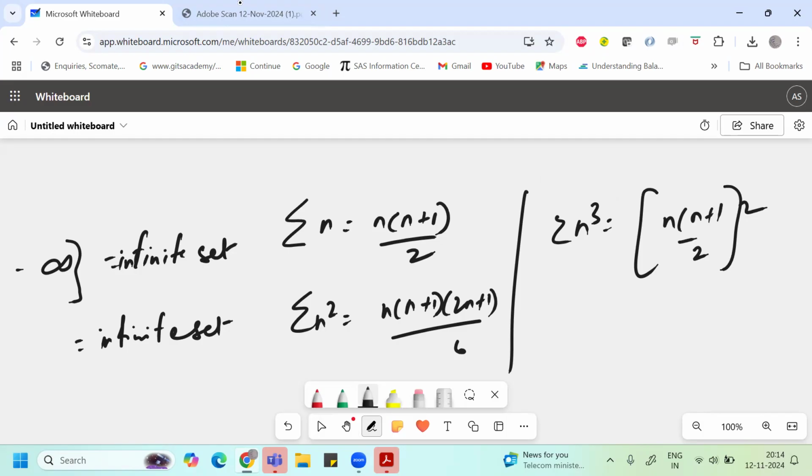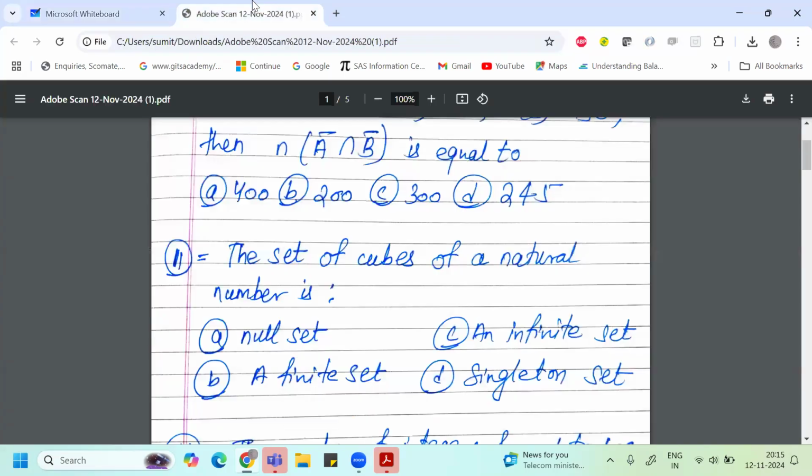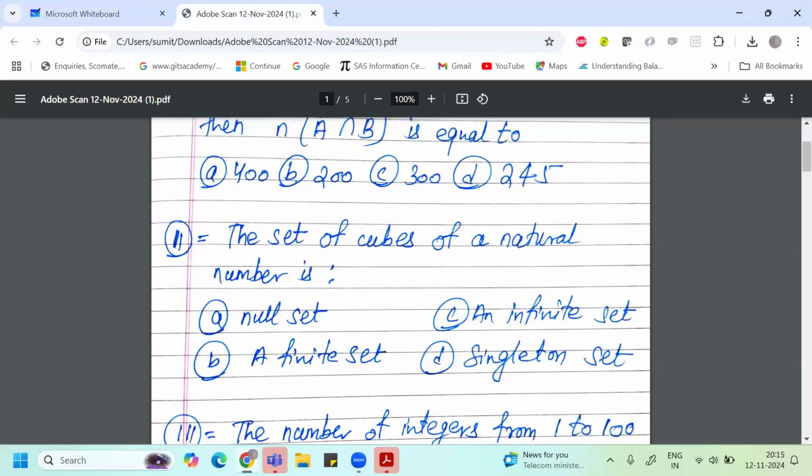You should know these formulas, especially when you are solving AP-GP questions, because these formulas come into the picture. So I hope you are confident about the AP-GP chapter. Fine, so the answer to question number 2 is infinite set. I don't have to explain this part. What is a null set? A null set means a set having no element. If there's an element, even zero, then it is a singleton set.